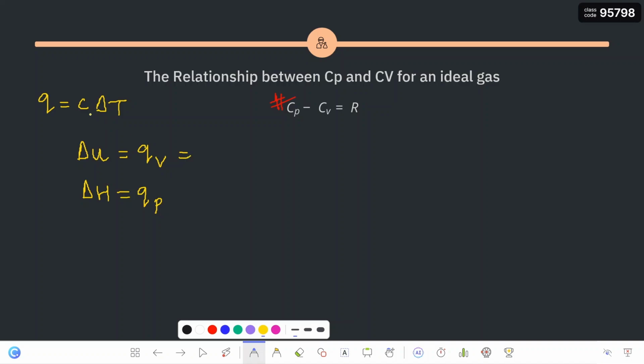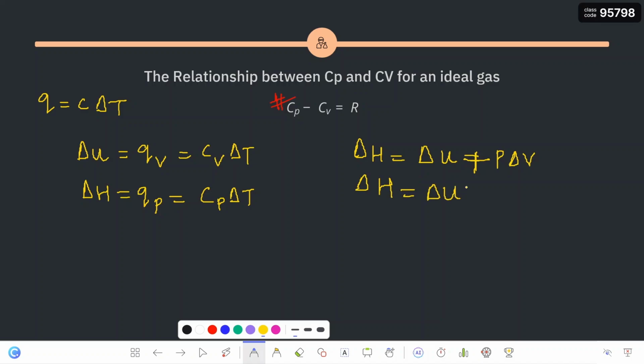So, we can write it like instead of C, at constant volume, Cv delta T. Here, since it is at constant pressure, it is equal to Cp delta T. So, we got delta U and delta H. Another equation we have learned, delta H is equal to delta U plus P delta V. Otherwise we can write it like delta H is equal to delta U plus R delta T, for 1 mole of gas. So, this is another equation.